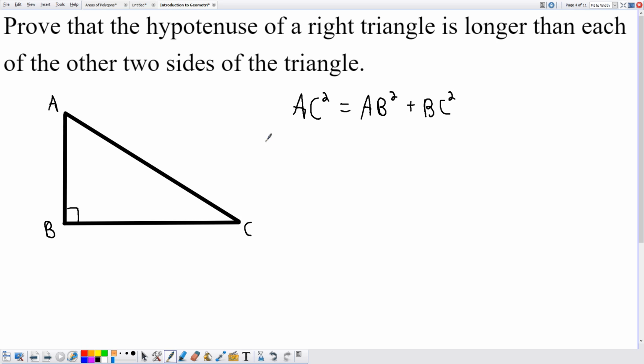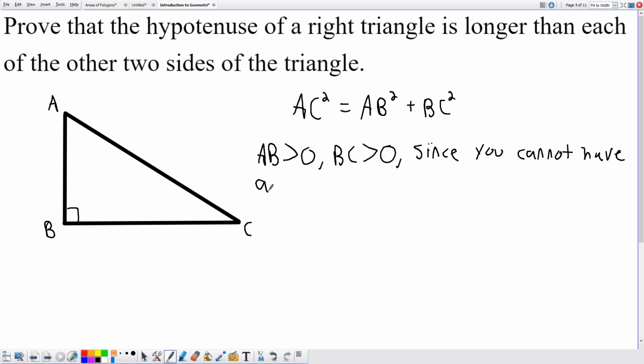Well, we have to know that AB is greater than 0 and BC is greater than 0, since you cannot have a side length of 0 or a negative number.